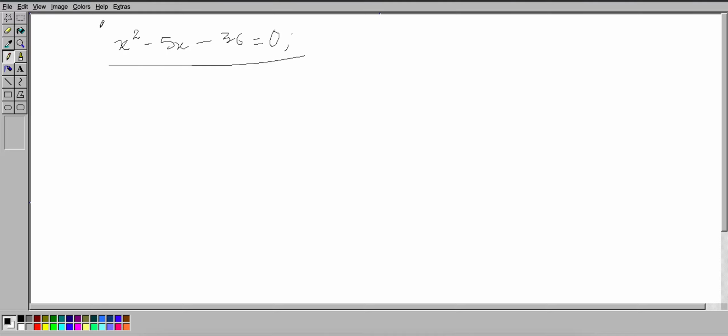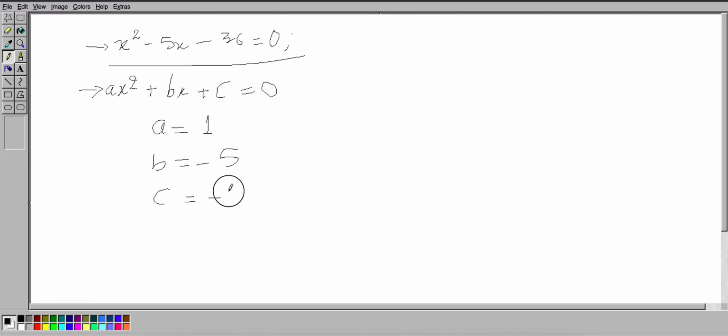Let's compare this equation to the form ax squared plus bx plus c is equal to 0. If we translate this equation to that form, we obtain a is equal to 1, b is equal to minus 5, c is equal to minus 36.